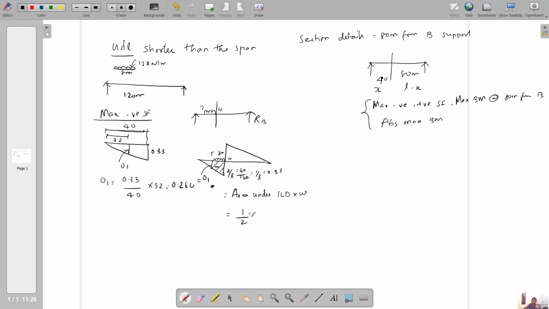So half into h, which is 8, into a plus b, 0.264 plus 0.33 at the other end, into the load, which is 12. Calculate half into 8 into 0.264 plus 0.33 into 12, which is 28.512 kilonewton. This is the maximum negative shear force.